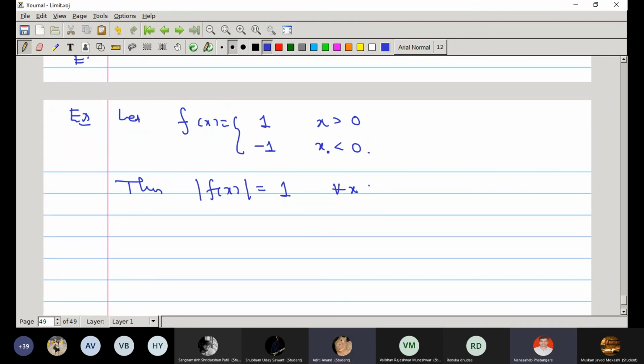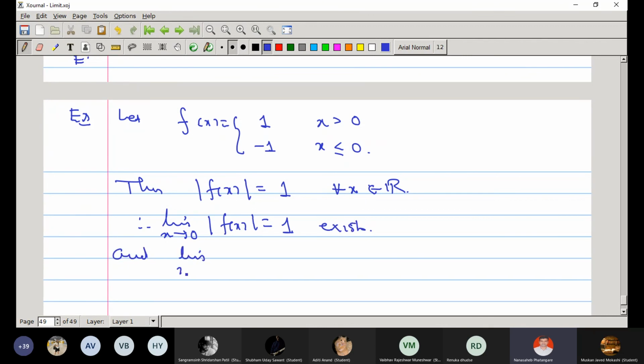Yes, sir. Right. Okay, include 0, no problem. Everywhere this function is constant. Therefore, what is the limit as x tends to 0 of the absolute value of f(x)? It is 1, right? So the limit exists.